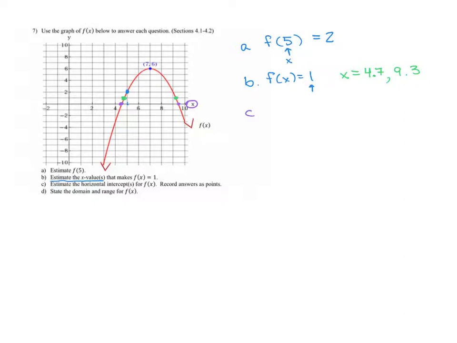Again, this is going to be estimates. So our horizontal intercepts are going to be, let's say 4.5, comma 0, and 9.5, comma 0.